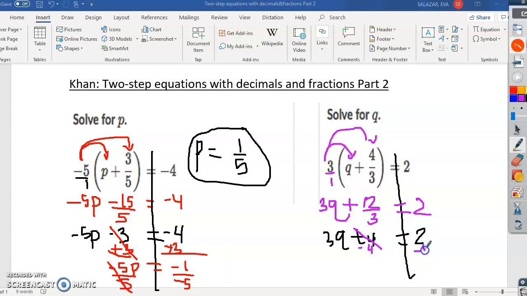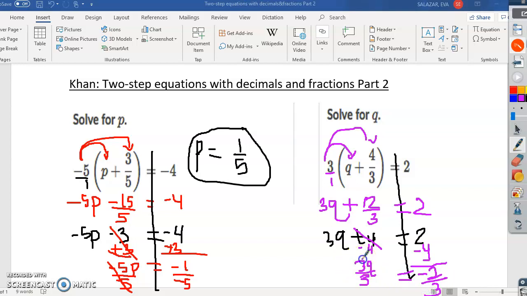So minus 4 here. And then I'm going to bring down my 3q. Divide by 3. 2 minus 4 is going to give me negative 2. And that's going to be negative 2 over 3.